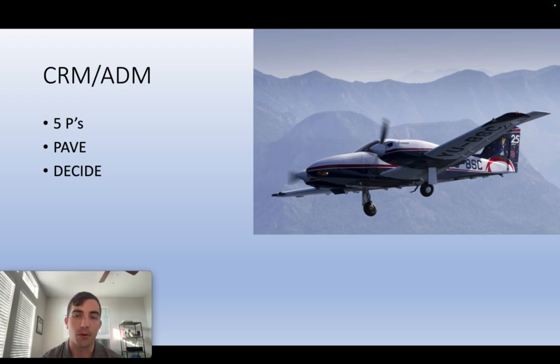And then, of course, before every flight, we need to do our PAVE checklist to analyze all of those factors. And then in the event of a failure, we can think through our DECIDE model of how we're going to react to that failure when it does occur. And we will be ready to react and decide because we have done the 5Ps in our PAVE checklist.